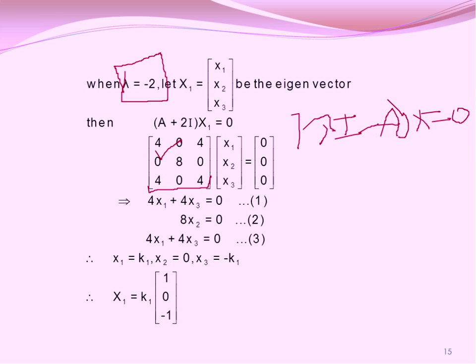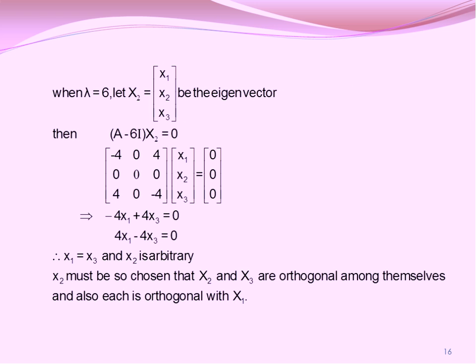Put the value of lambda here, then you get this matrix and multiply this matrix. So we obtain 3 equations: equation number 1, equation number 2, and equation number 3. Solve these 3 equations, we get the eigenvector.